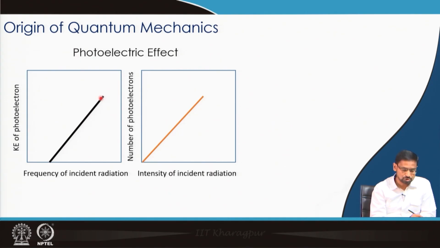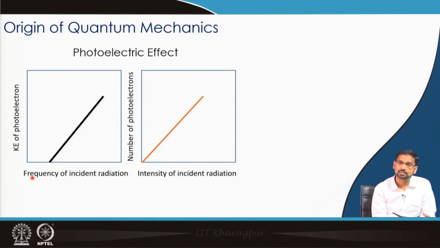Not only that, it also showed that radiation with certain frequencies was not able to emit any photoelectron, no matter how intense the light you were using. Some frequencies were simply unable to eject photoelectrons even with very high intensity light.